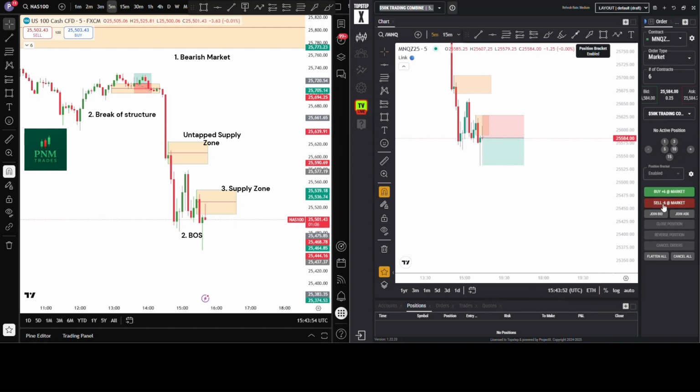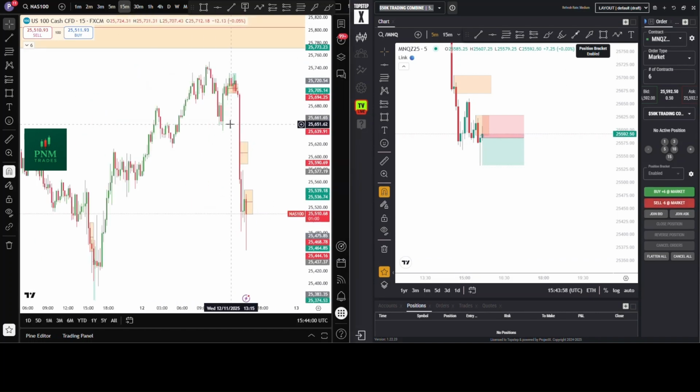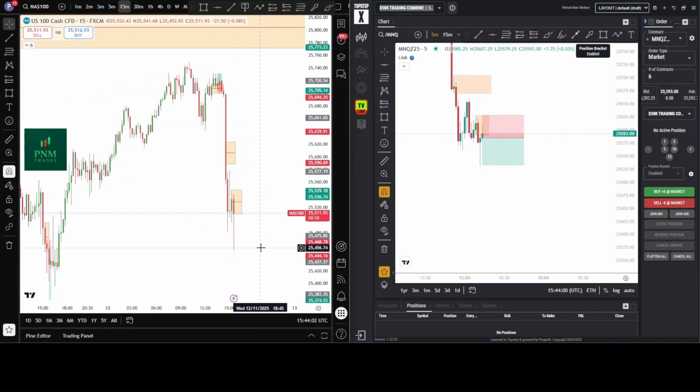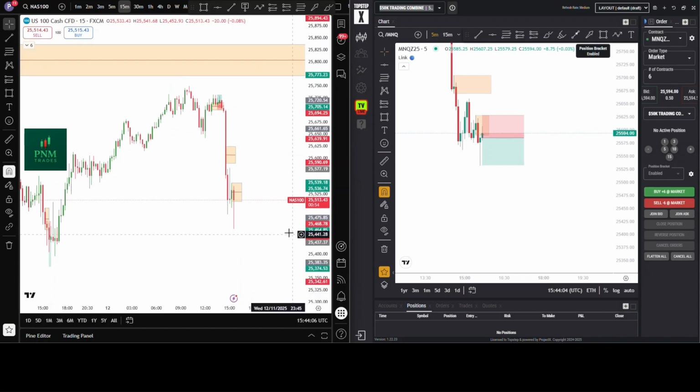So at this point, I'm almost pressing the sell, but I'm still a bit careful to not be aggressive because price can flip. So I zoom out into the 15-minute, and I notice there's a 15-minute demand zone where it really rejected hard from.